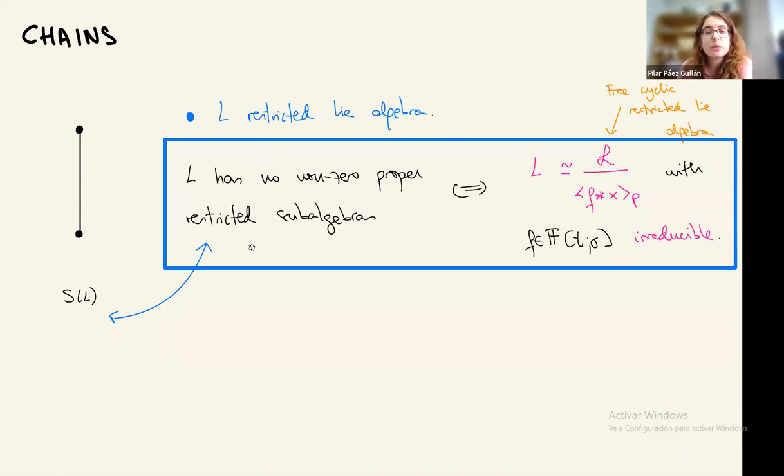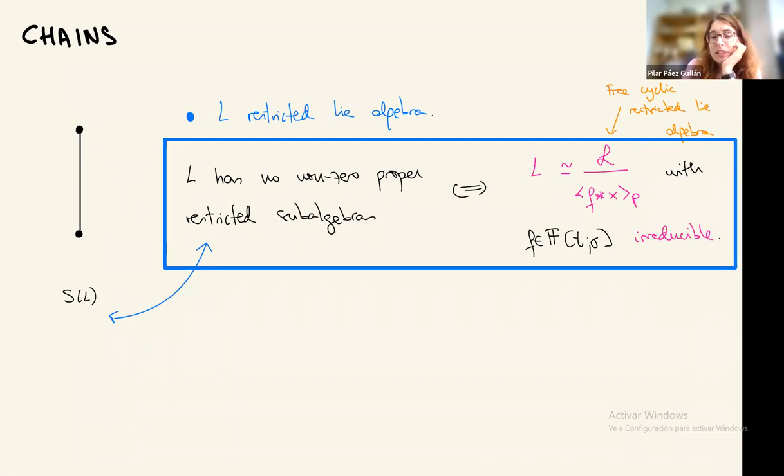We have exactly this situation if and only if my Lie algebra is the quotient of the free cyclic restricted Lie algebra by the restricted subalgebra generated by the action of a skew polynomial over x, such that this skew polynomial is irreducible, so we cannot decompose it into a product of two other skew polynomials.